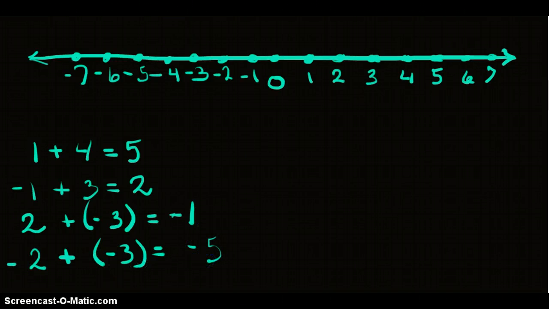Now I want you to make an observation here quickly. Our first problem over here is made up of all positive numbers. Positive 1 plus positive 4 equals positive 5. Our last problem here is made up of all negative numbers. Negative 2 plus negative 3 equals negative 5. Hopefully you've made the observation that if all the numbers have the same sign, we simply go that direction on the number line.